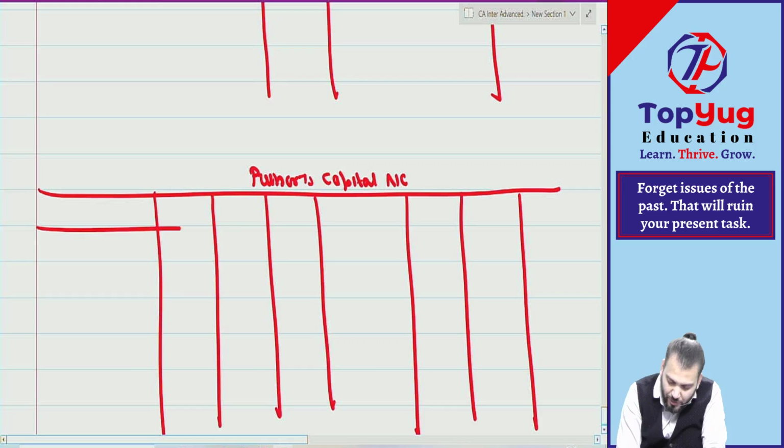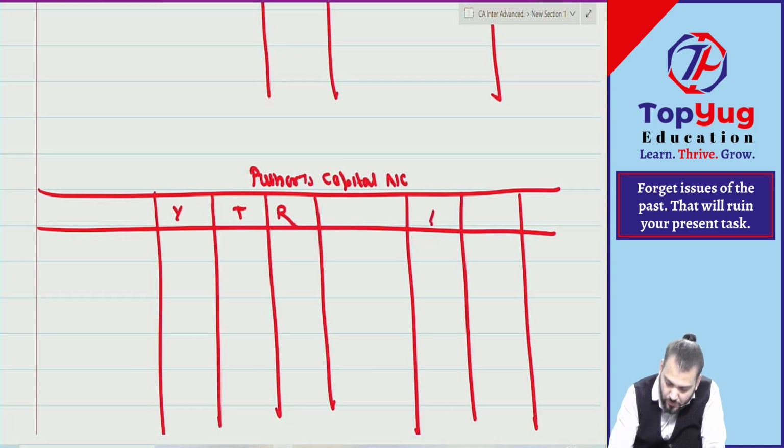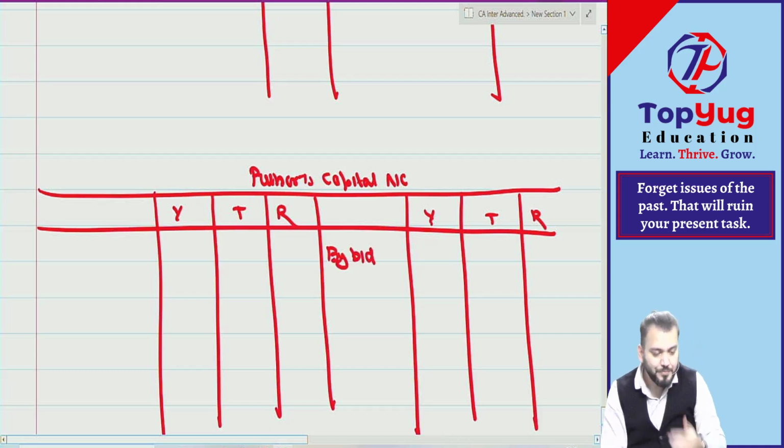Name is YTR only, na? What is the opening balance? How much?